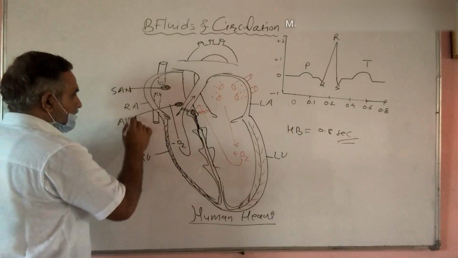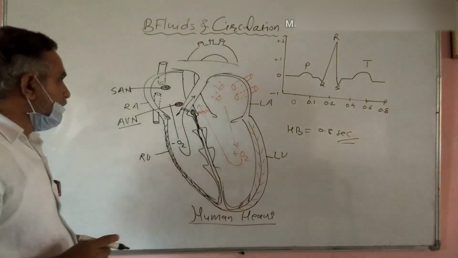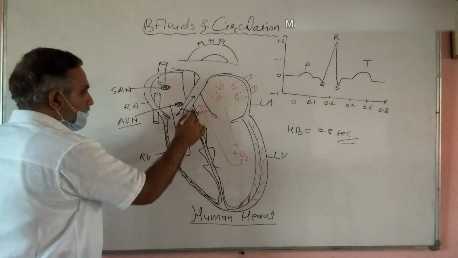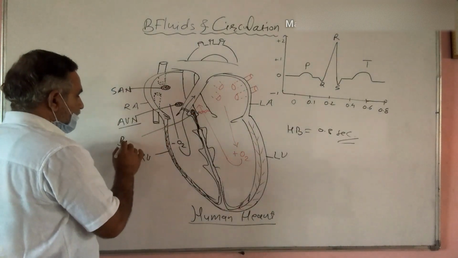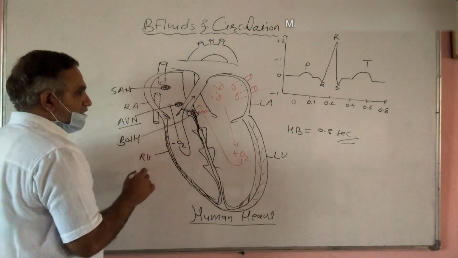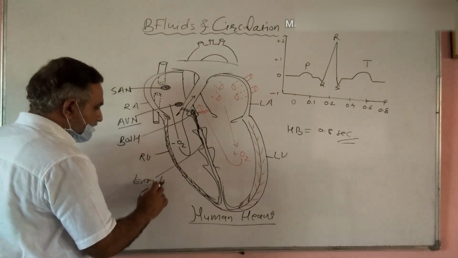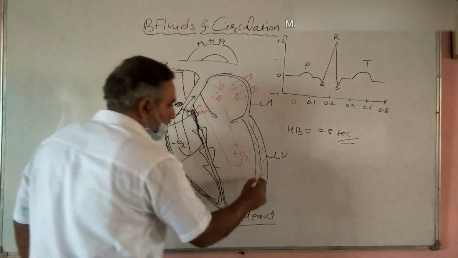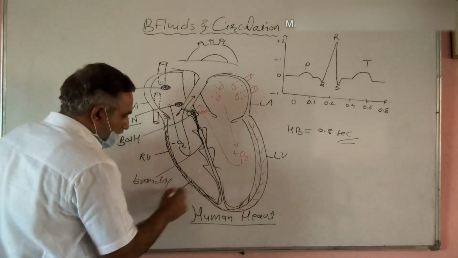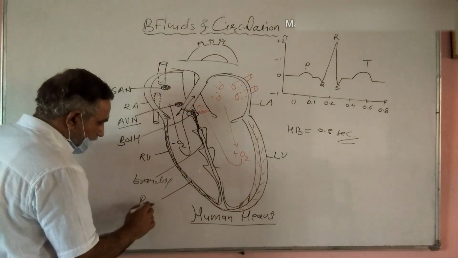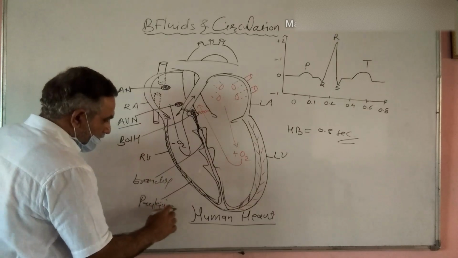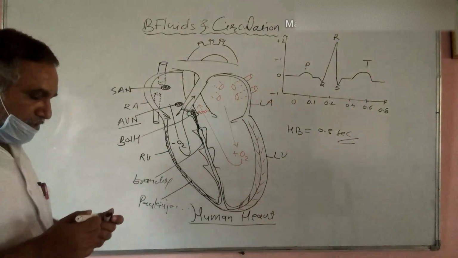atrioventricular AV node. You can say the AV node, atrioventricular node. Then this one is the bundle of His. Then these are the bundle branches. And then these are the Purkinje fibers.